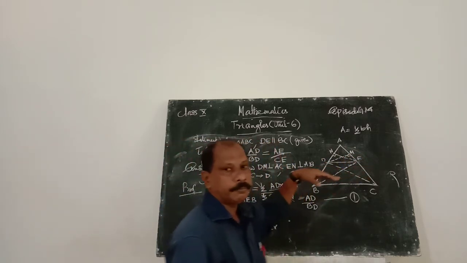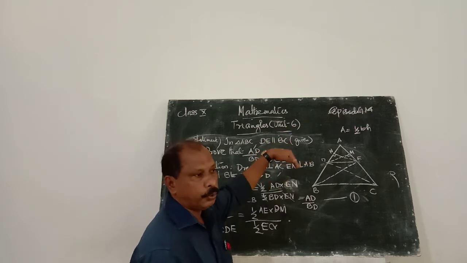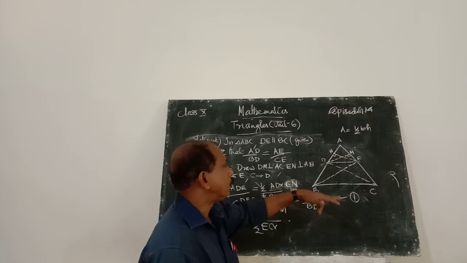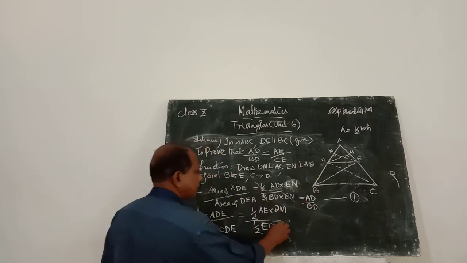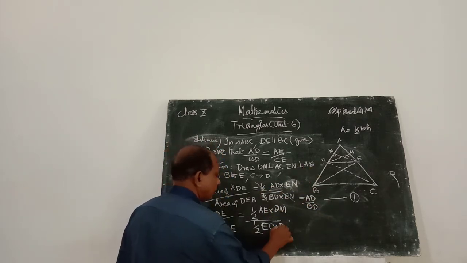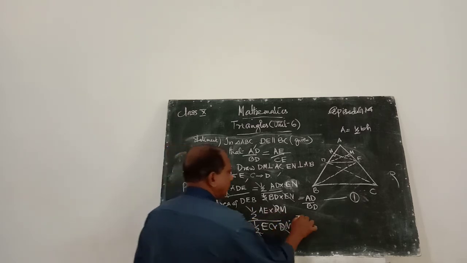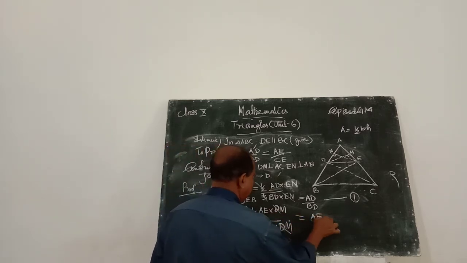It is the same altitude for the acute triangle ADE and also the obtuse triangle CDE. Half cancels, DM cancels, it is equal to AE by CE.